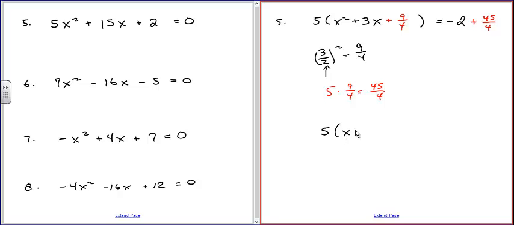This is the number we use, 3/2 squared. And over here we have -2, that's -8/4. So we need to do it in terms of fourths. So -8/4 plus 45/4. So 45 minus 8 is 37. 37/4.